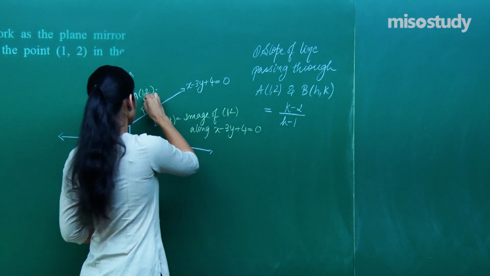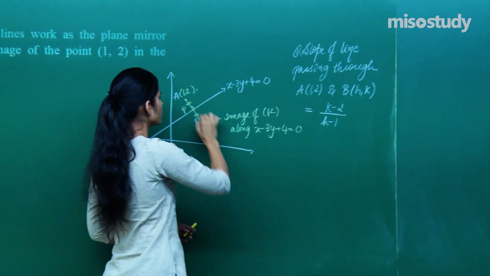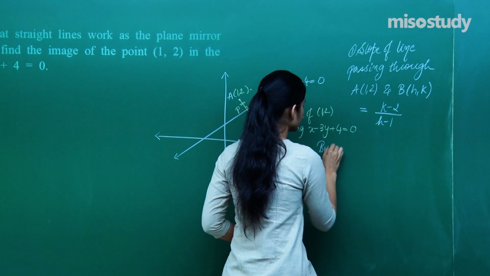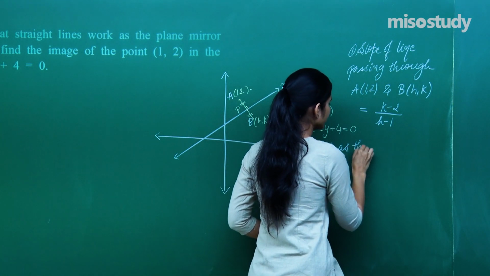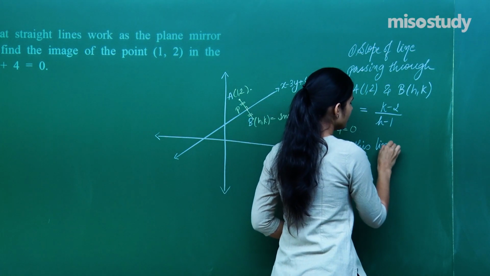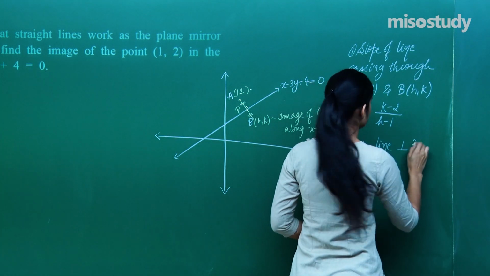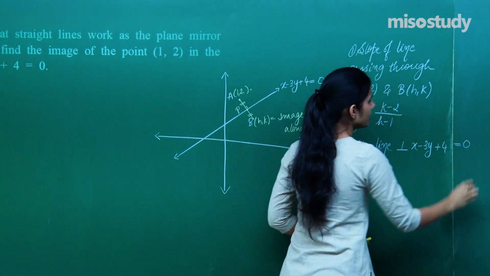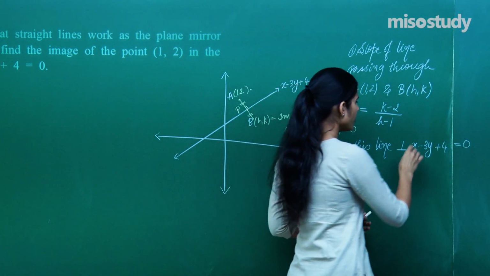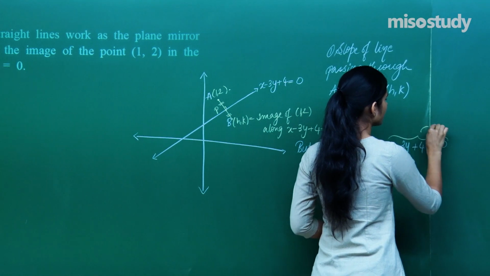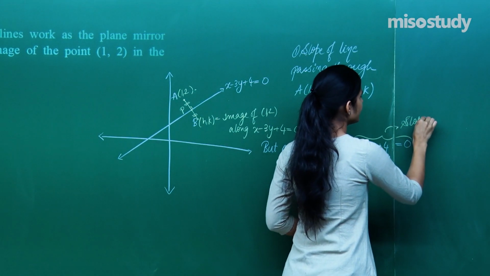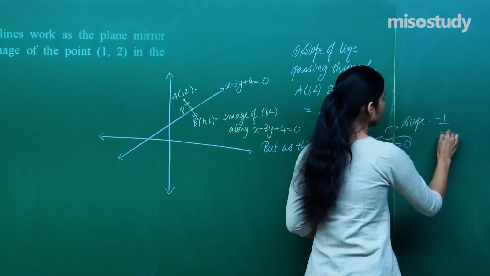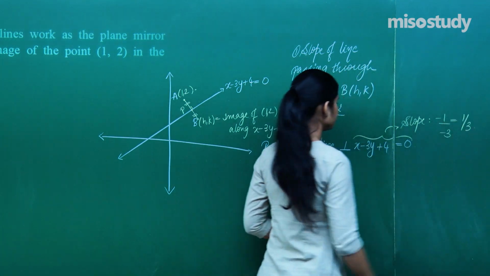But because this line which is passing through A and B is going to be perpendicular to the given line x minus 3y plus 4 equals 0, what is the slope of the given line? Slope of this line is given by minus a by b, minus coefficient of x upon coefficient of y. This is 1 by 3.